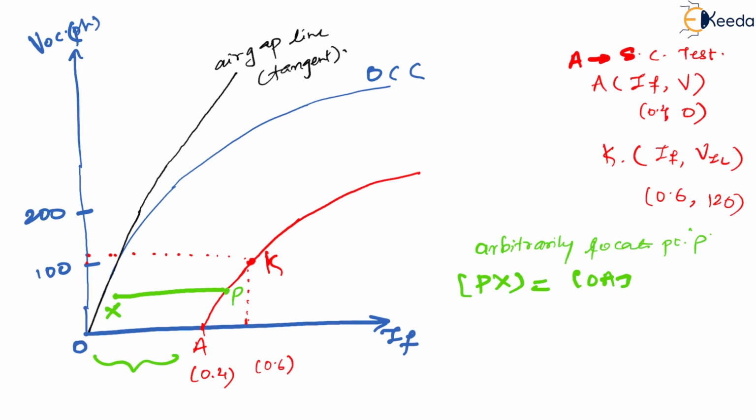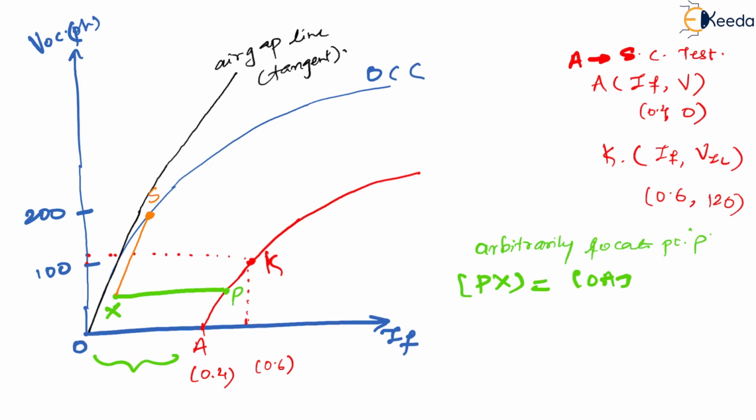Now what are you supposed to do? You are supposed to draw one line from this X to the OCC curve, parallel to the air gap line. So parallel to the air gap line you are going to draw one line, and let us call this point S, okay?